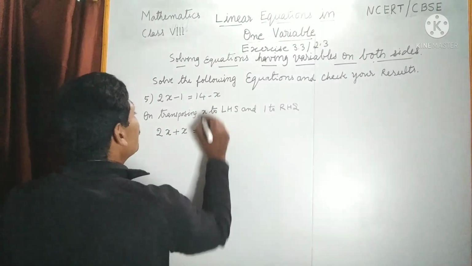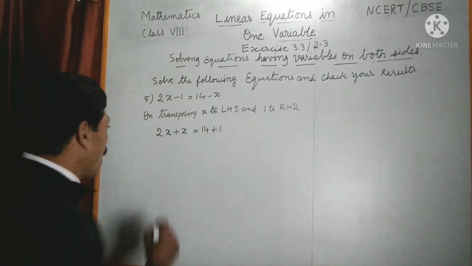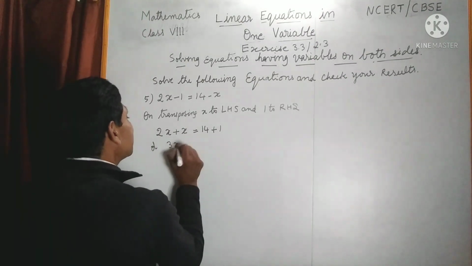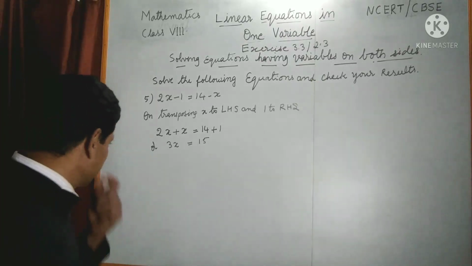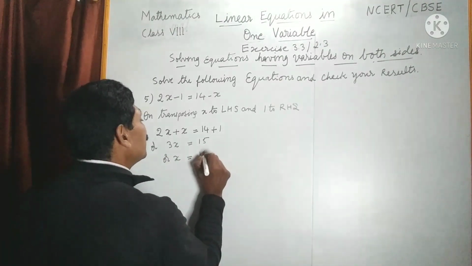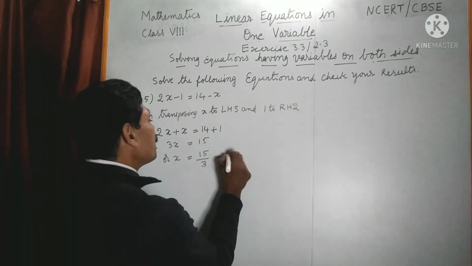This is equal to 14 plus 1. Or 2x plus x is 3x is equal to 14 plus 1 is 15. Or x is equal to 15 by 3. This is equal to 5.